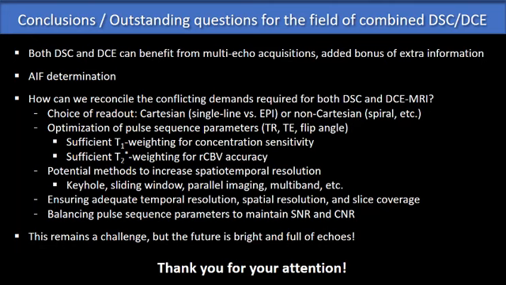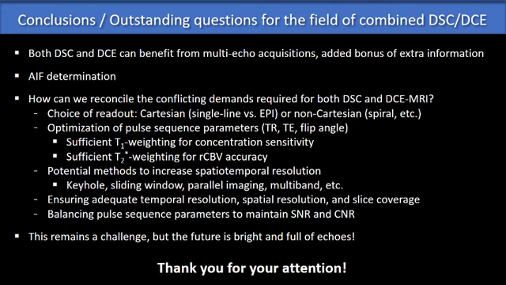So I just want to conclude with some outstanding questions and point out that both DSC and DCE can benefit from multi-echo acquisitions. So even if you're not looking for more information, just the ability to get better information basically for free is always nice.